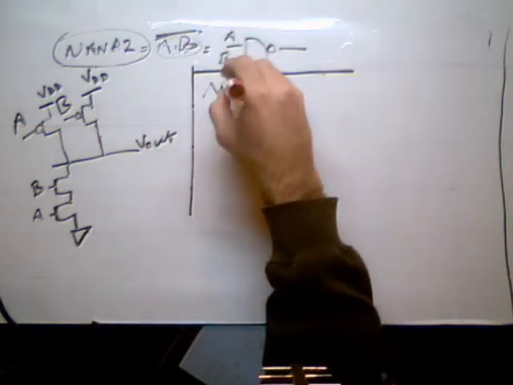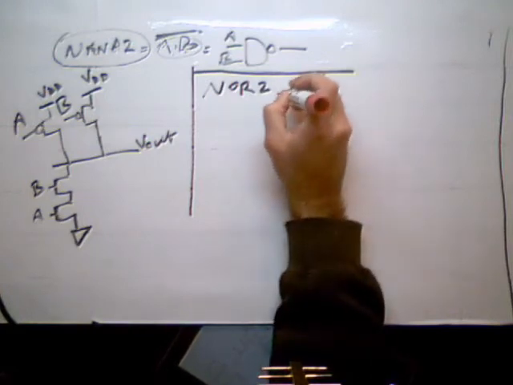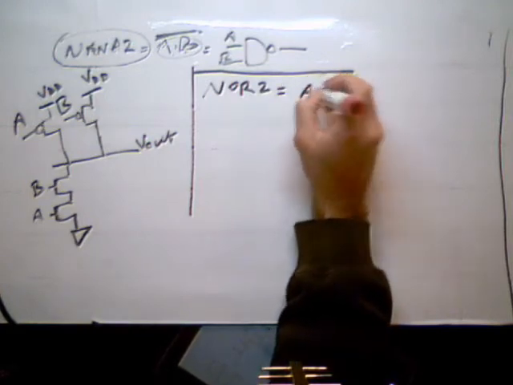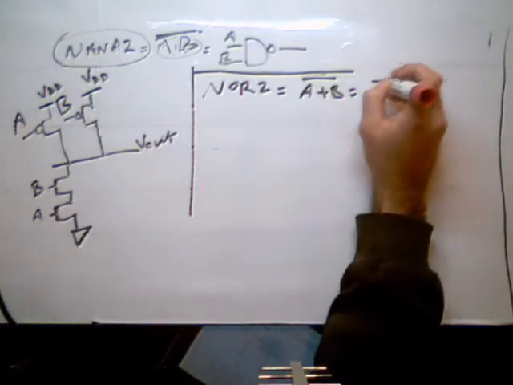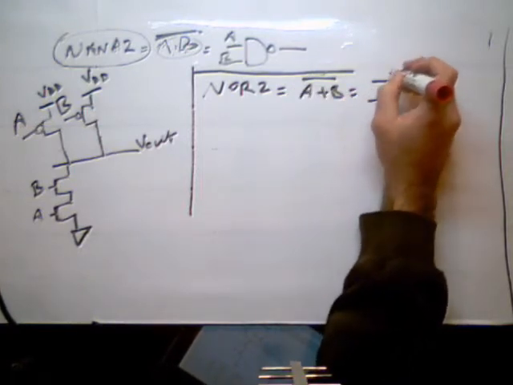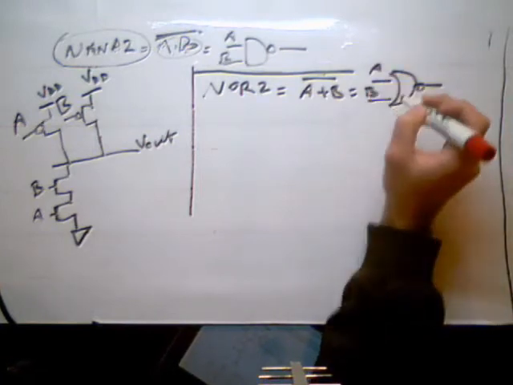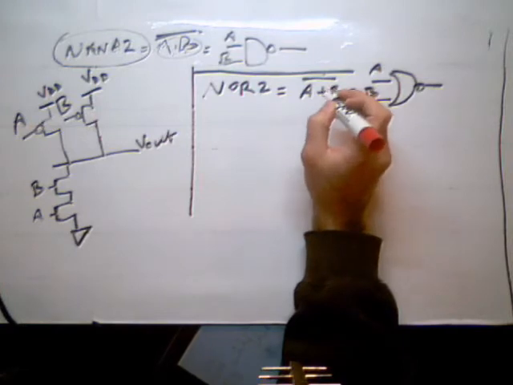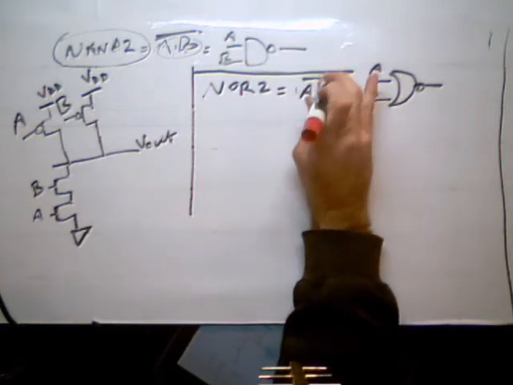Next one is a NOR 2. NOR 2 is also A or B not, which could also be represented as follows. So the main operation here is the ORing. This is not the XOR, but it's an OR.